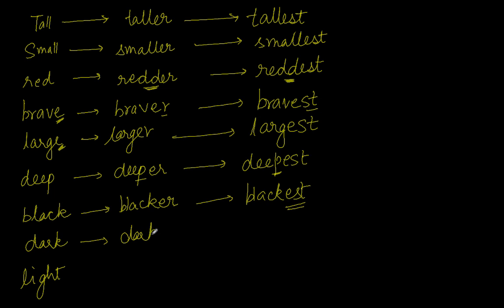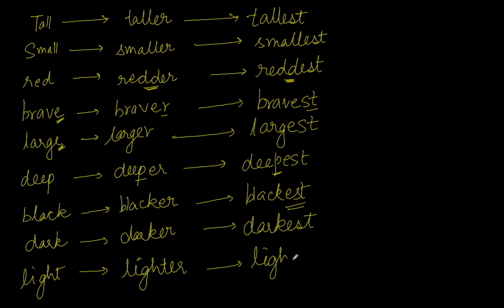Similarly, dark will become darker and darkest. Light will become lighter, and then lightest. So this is what usually happens, but there are some words that get completely changed. Let's have a look at those words.